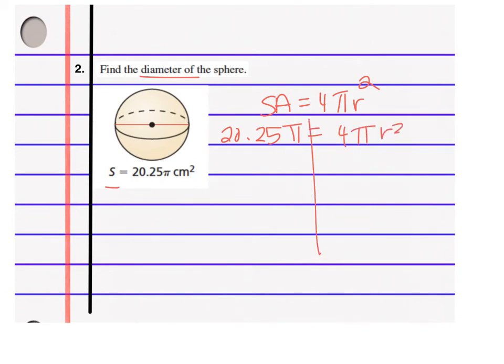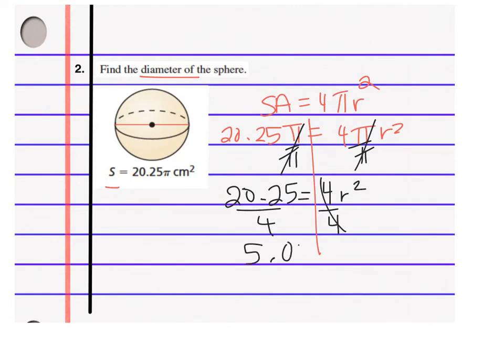So first things first, let's get rid of those pi's. All right. So then I have 20.25 equals 4r squared. Next, let's divide out a 4. So 20.25 divided by 4 is 5.06. Then remember to undo a square, undo the second power.